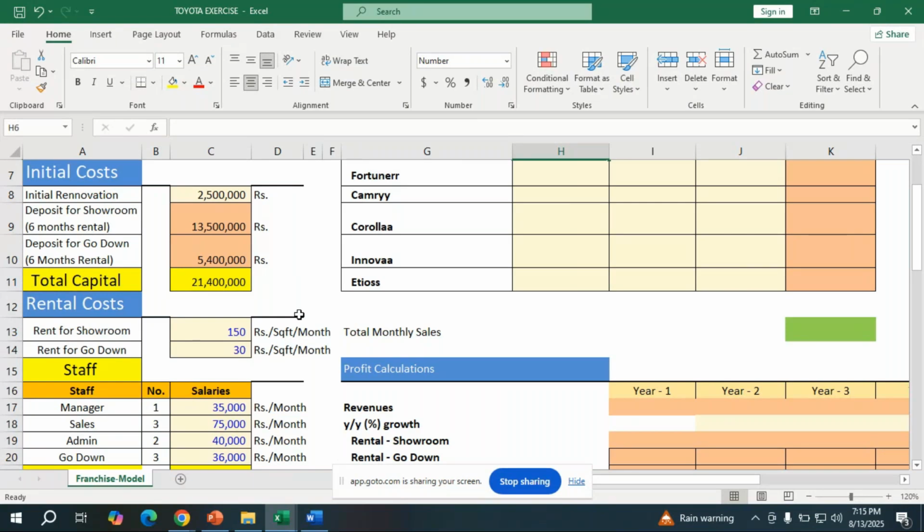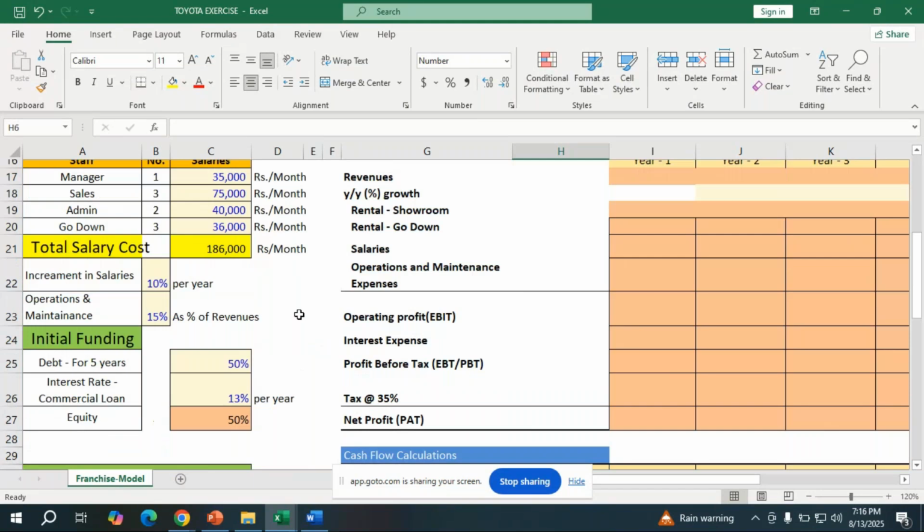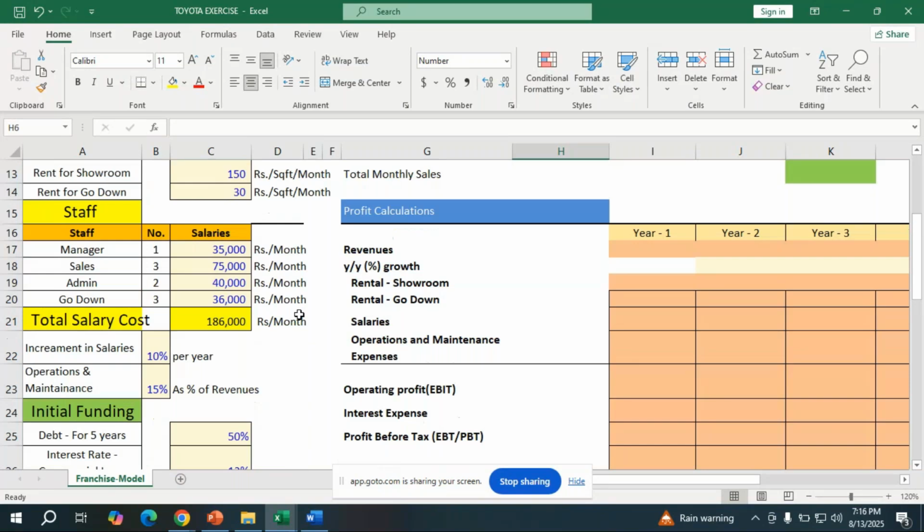So here is the plan charted for you. Now, coming to the salaries, as discussed earlier: manager 1, sales rep 3, admin 2, go down 3. Per month, 35,000 into 12, all have been calculated for you. We want all these staff in the complete business, showroom plus go down.